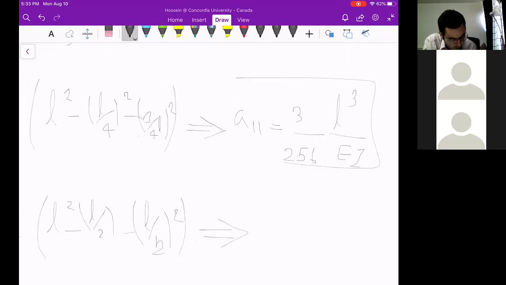Therefore, A22 is 1 over 48 L cube over EI.